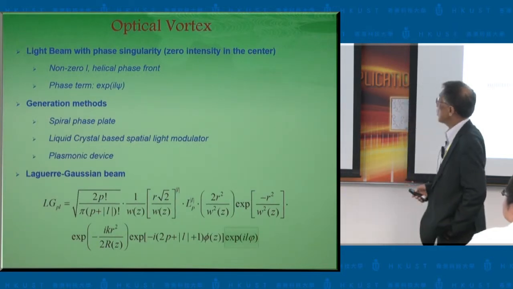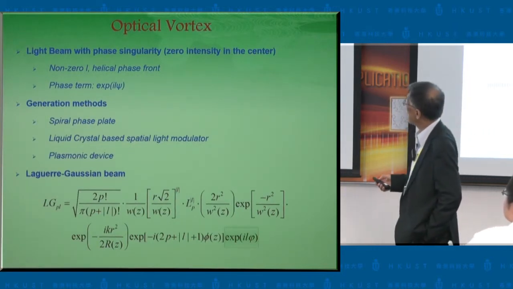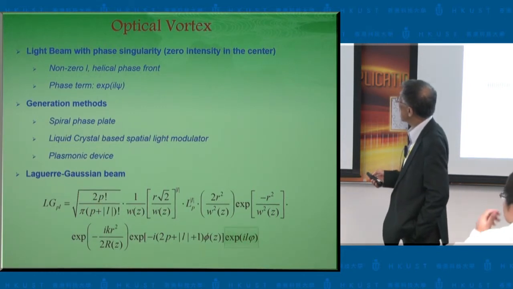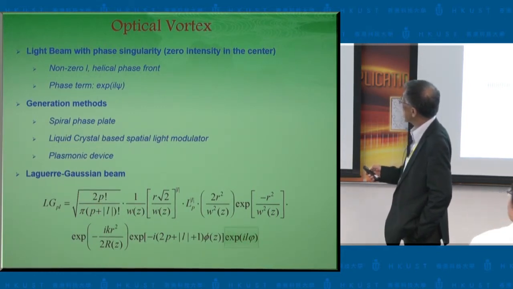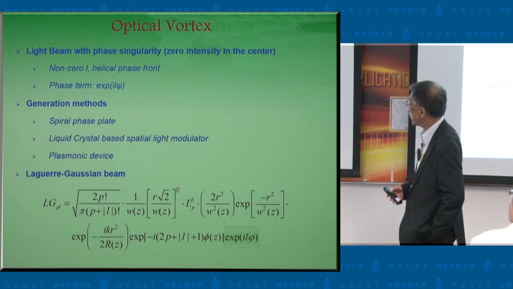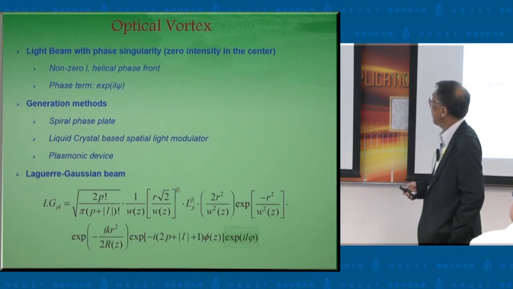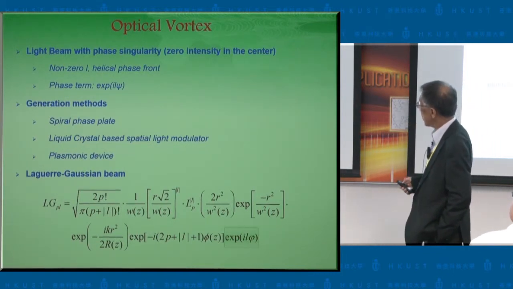To produce an optical vortex, you basically need to have a light beam with a phase singularity, and the equations here I won't go through in great detail. And in order to generate that kind of optical vortex, you could use a spiral phase plate.